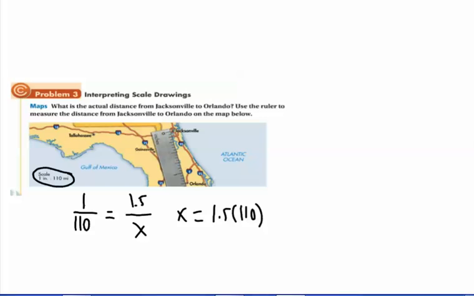That's an inch and a quarter. So let's change this to 1.25. So 1.25 times 110, x is 137 and a half miles. Of course, it would help if I could read a map or a ruler really well. You have a Got It. Pause the video and solve your Got It.